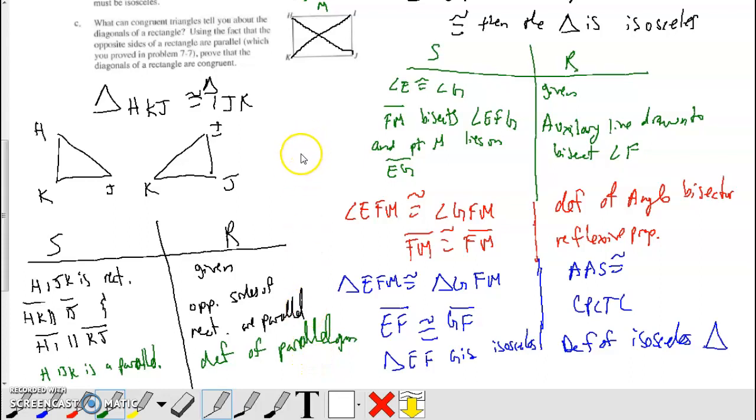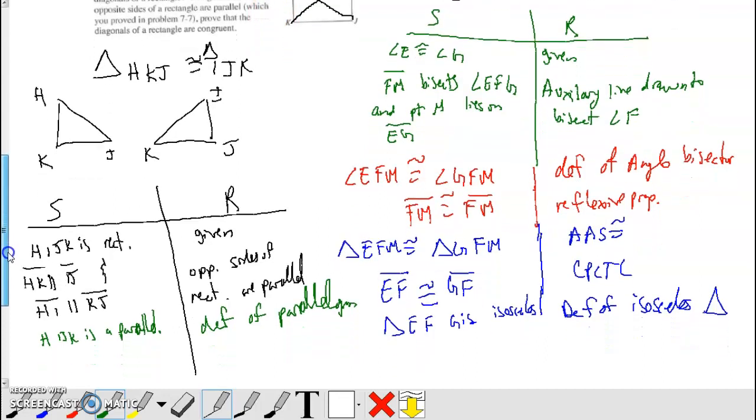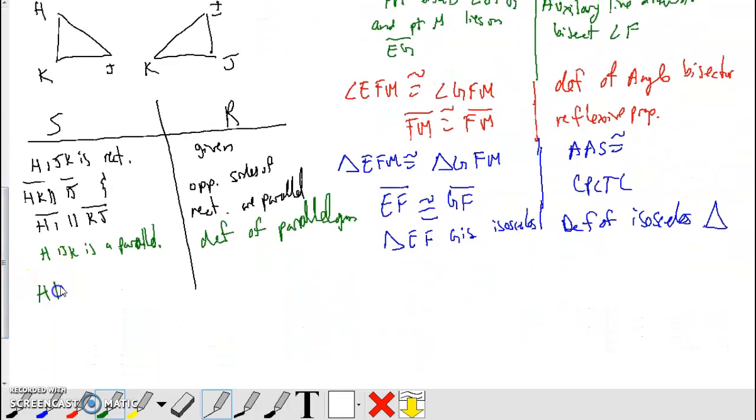What else do I know? I know that HK and IJ are congruent to each other. So I'm going to say HK is congruent to IJ. Basically, this side is congruent to that side, because opposite sides of a parallelogram are congruent. Now I know that this is a rectangle, so I know that this angle and this angle are both 90 degrees.